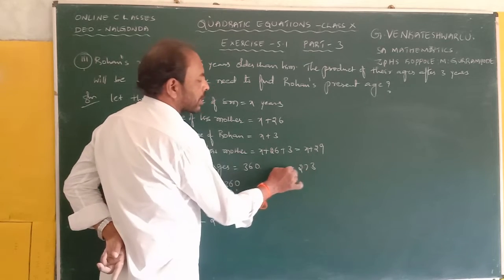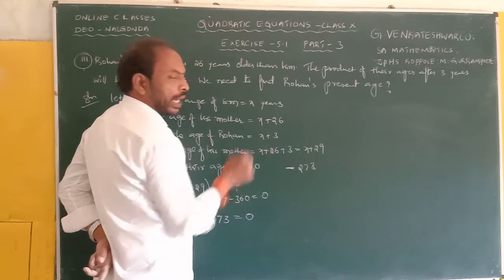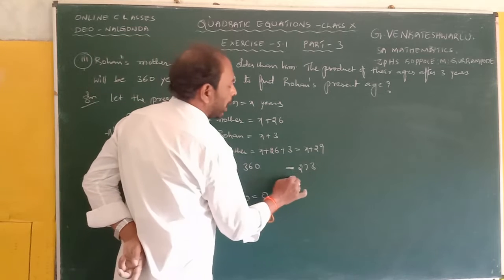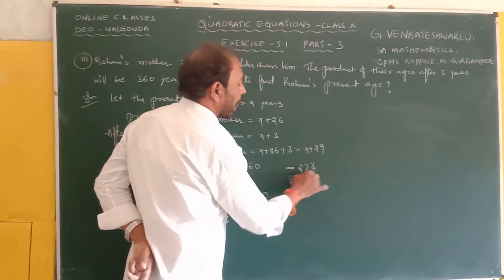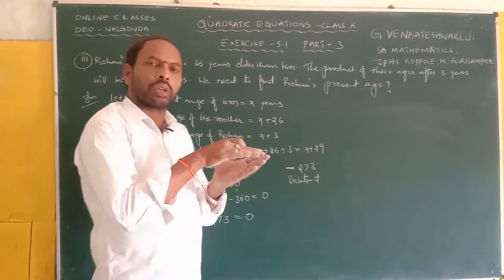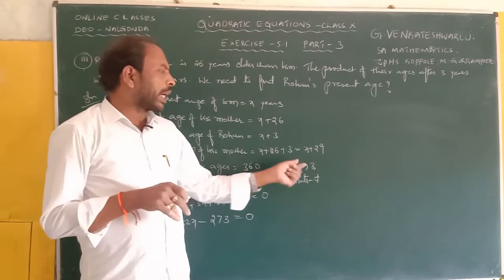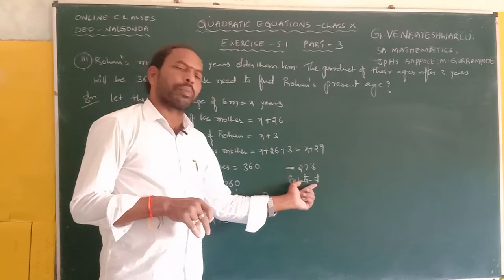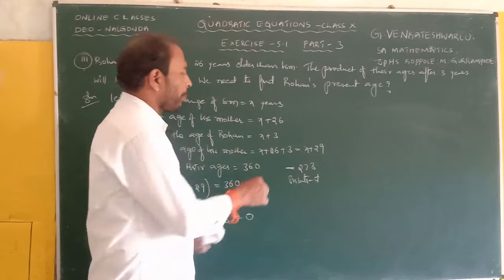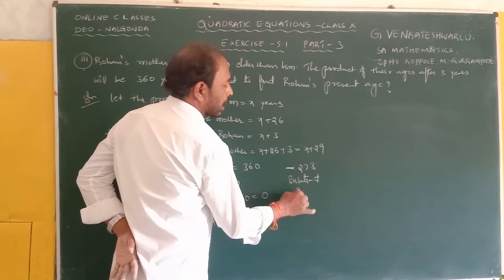The product has a negative symbol, so we need to subtract the factors. If the symbol is positive we add, and if negative we subtract. That is the concept. Here 273 is written as a product of prime factors.